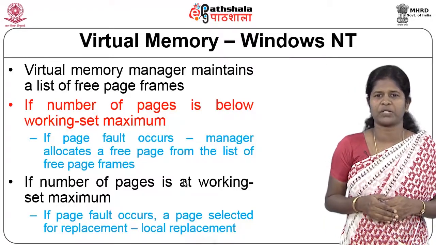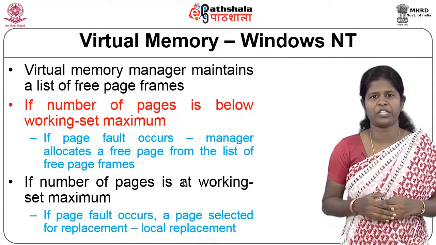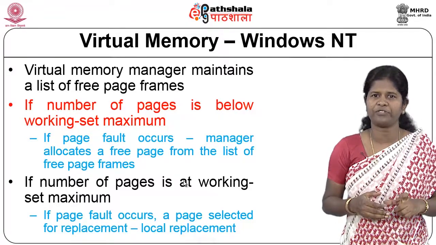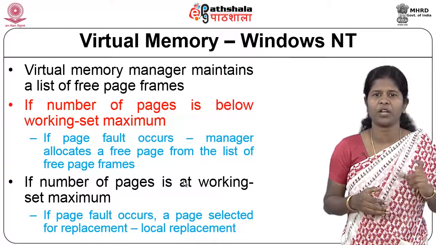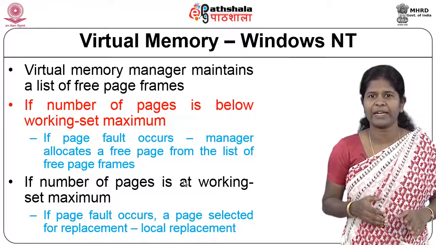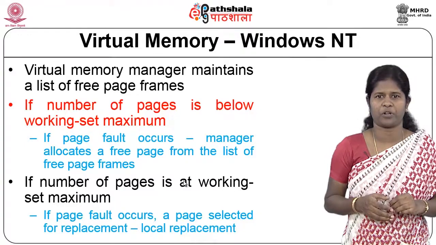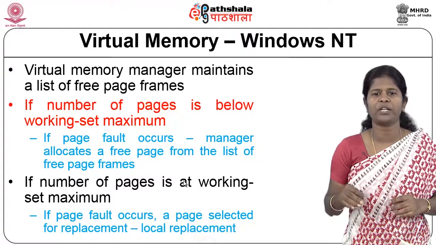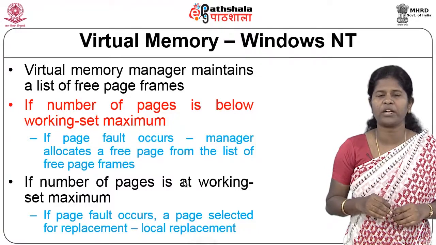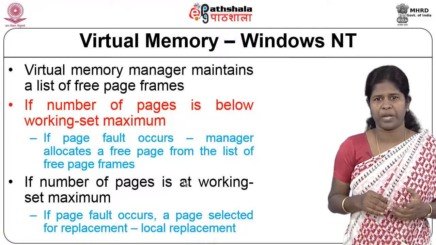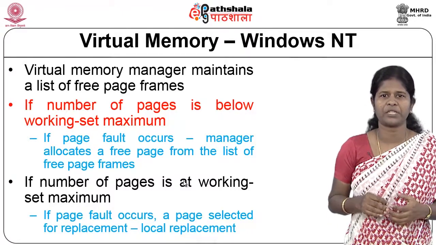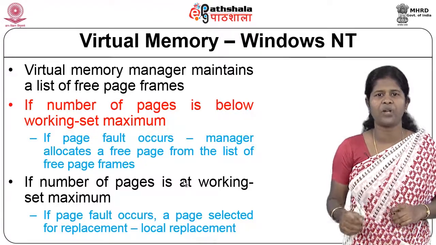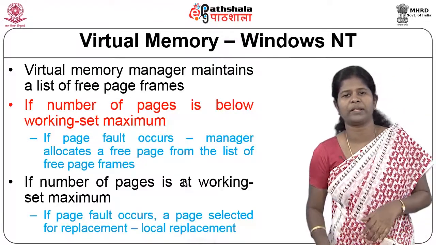Whenever a page fault occurs, a page is selected for replacement: one of the 20 pages currently in physical memory for this process is selected as the victim page and moved out, and the required page is brought into the physical memory. That is, local replacement is done. One of the pages allocated to the process is moved out and the required page is brought inside.